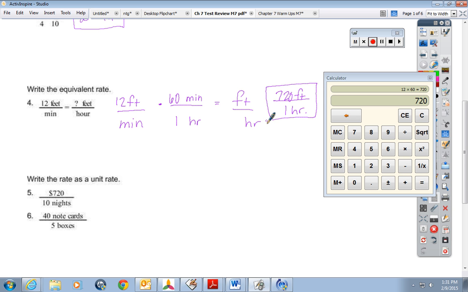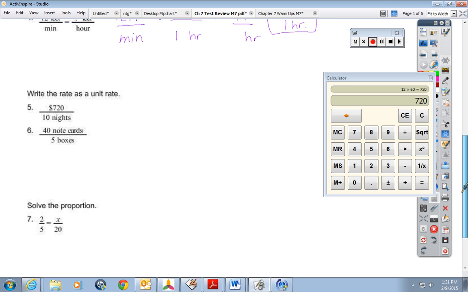Write the rate as a unit rate. When we talk about unit rates, it means the denominator is 1. So what do we have to do to get the denominator to be 1? Divide both the top and the bottom by 10. So $720. If you are at a hotel and your total bill is $720 and you stay there for 10 nights, you got a pretty good deal because you were only paying $72 per night. If you just wrote 72, that's fine.